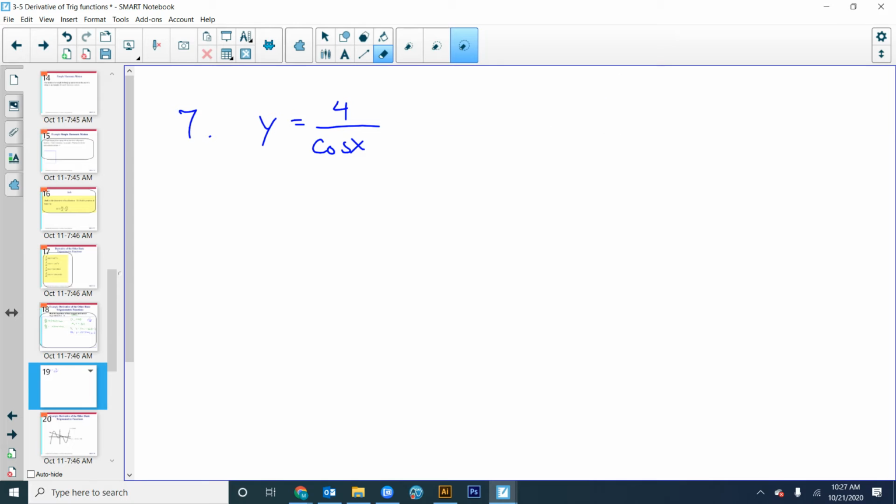There is one correct way to avoid the quotient rule on this one. Does anyone know it? I'm going to do this with the quotient rule, by the way. Equivalent or not equivalent?